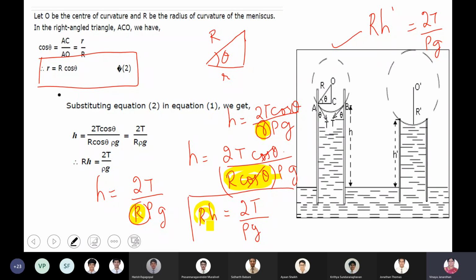So you'll get R into H is equal to 2T divided by rho G. Shall I move for the next one, boys? Once you have completed, just remind me. Shall I go for the next one? All right, ma'am.